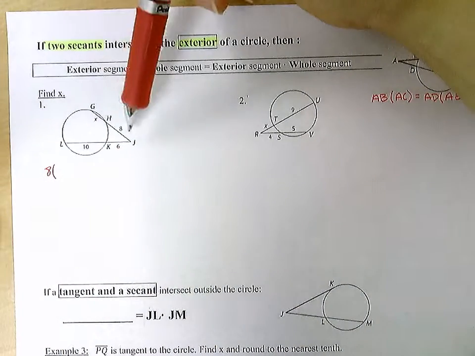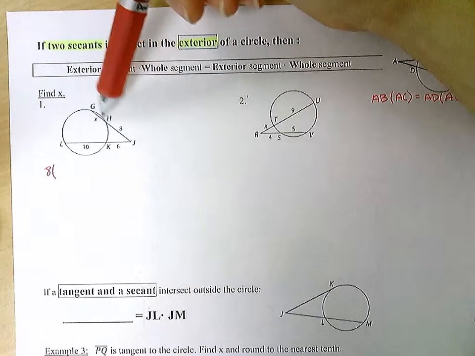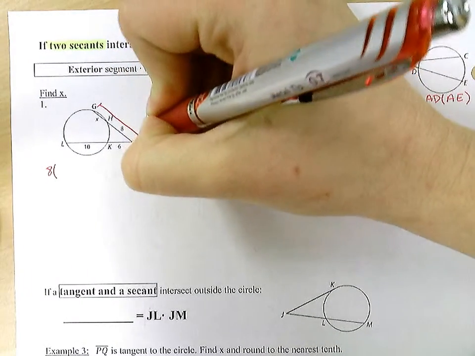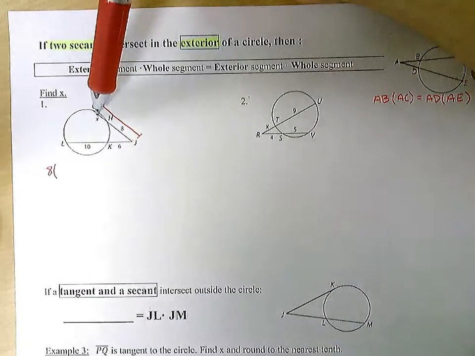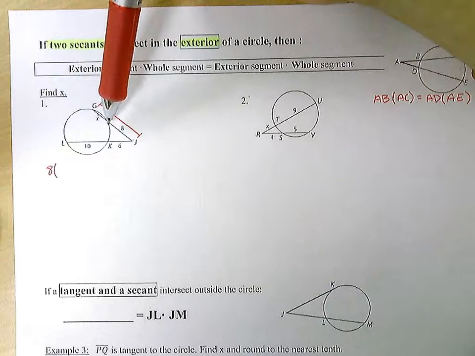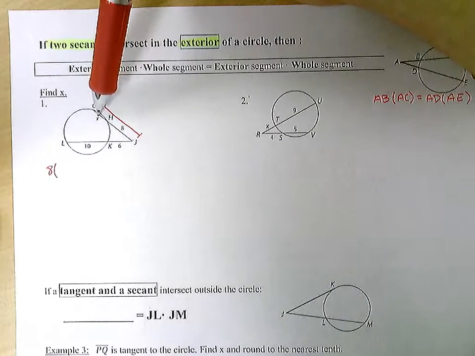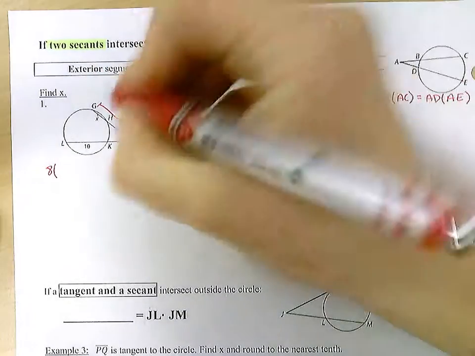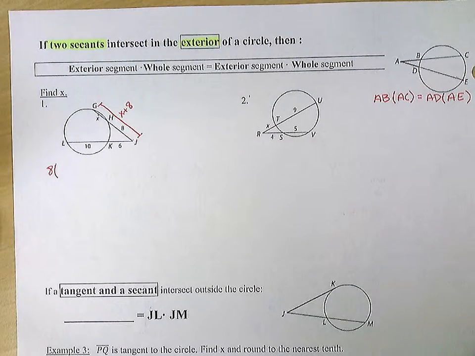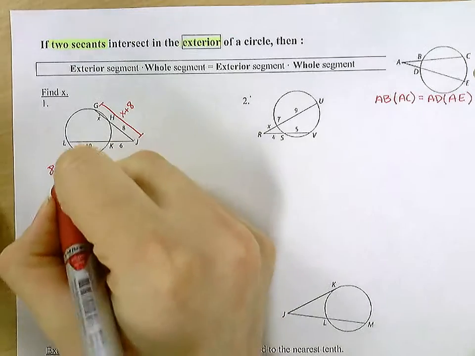Okay, then I need to multiply it by its entire segment. Okay, so I need this entire segment here. Now there's an X within that one. So to get the entire segment, it's not 8X, right? We have to add those two together. So this would be X plus 8. Okay, so that entire segment is X plus 8.